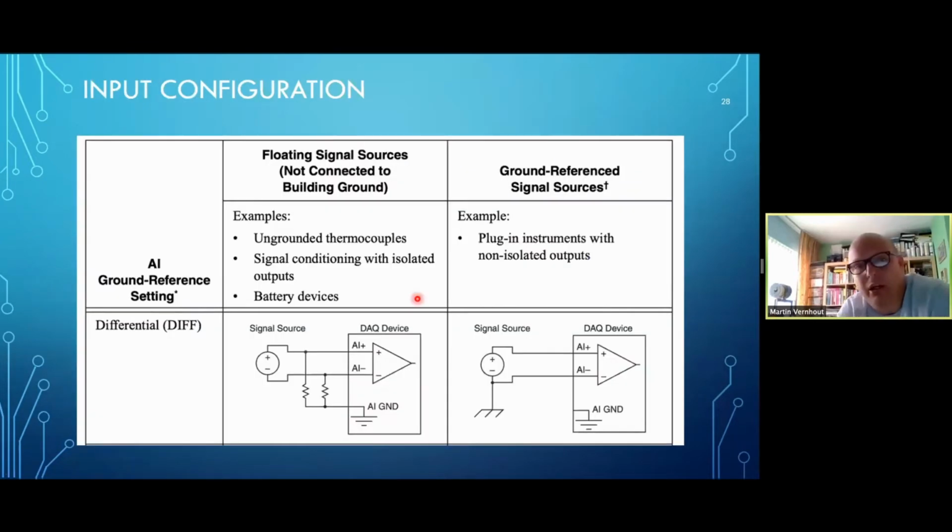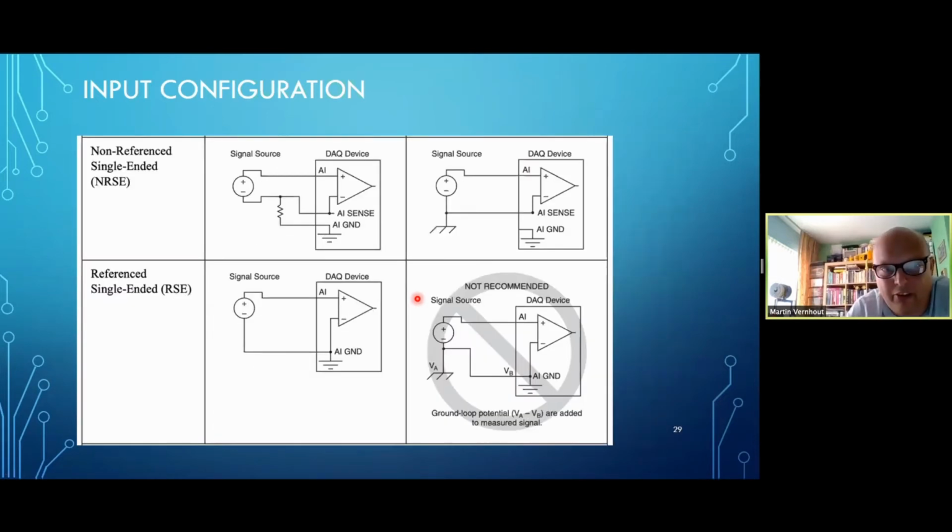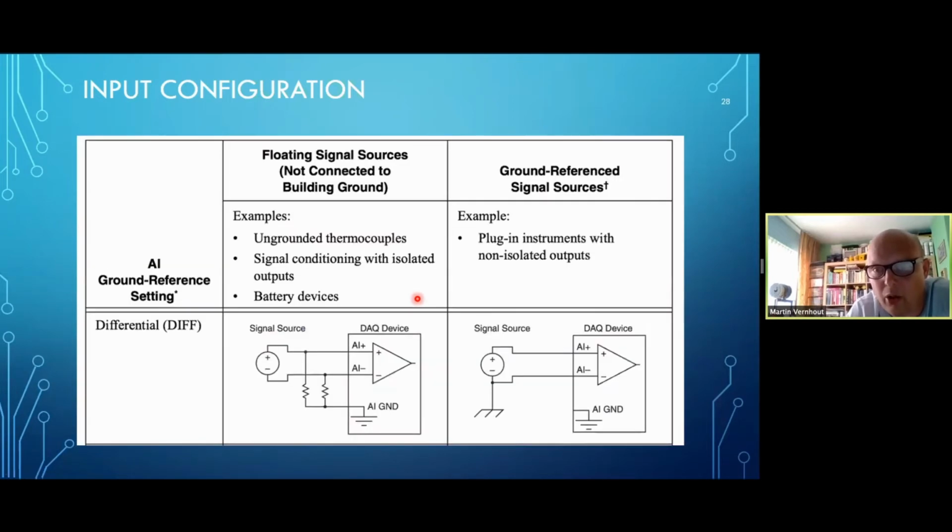All right. So analog to digital converters, part of your digitizer. What else can go wrong? Well, what else do you need to do? You need to connect your physical real world signal there. And there are various ways to do it based on differential, single-ended, reference single-ended, non-reference single-ended, floating signal sources and grounded signal sources.